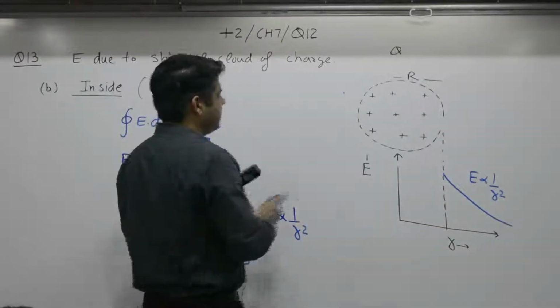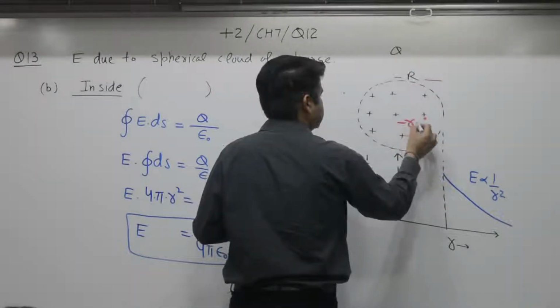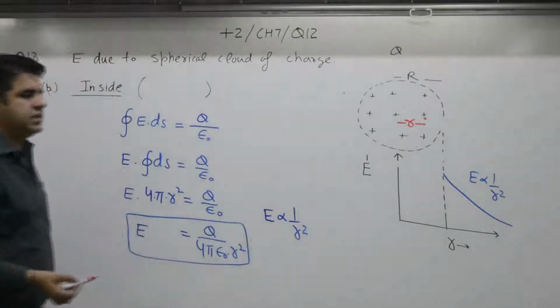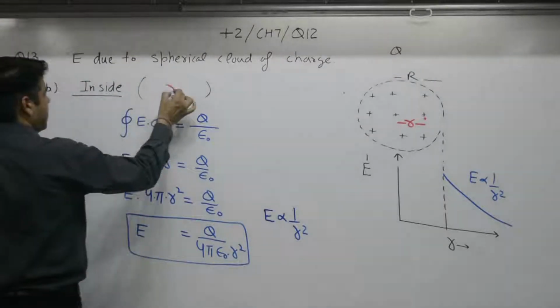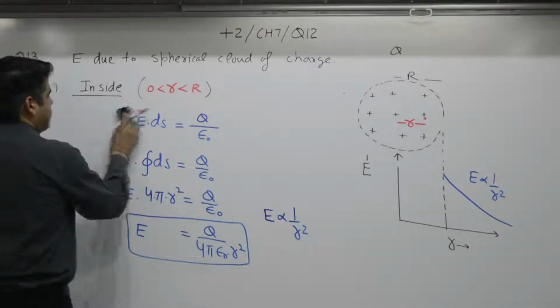Any point which is inside, say this one, at a distance R from the center. So inside means R lies between what? 0 to capital R.